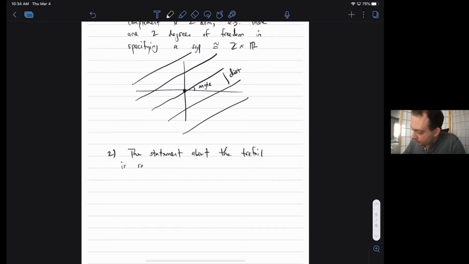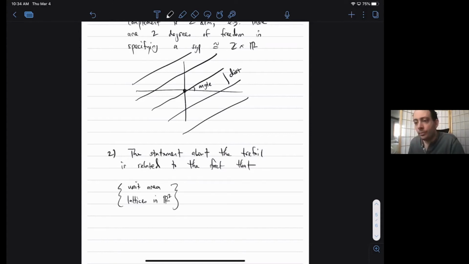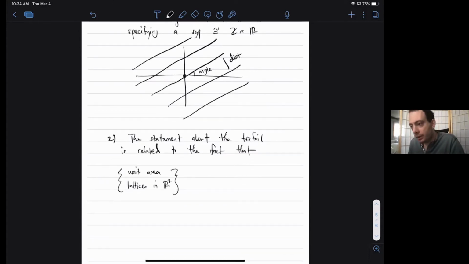This is related to the fact that if I look at unit area lattices in R2, I can represent them as the quotient SL2R mod SL2Z.